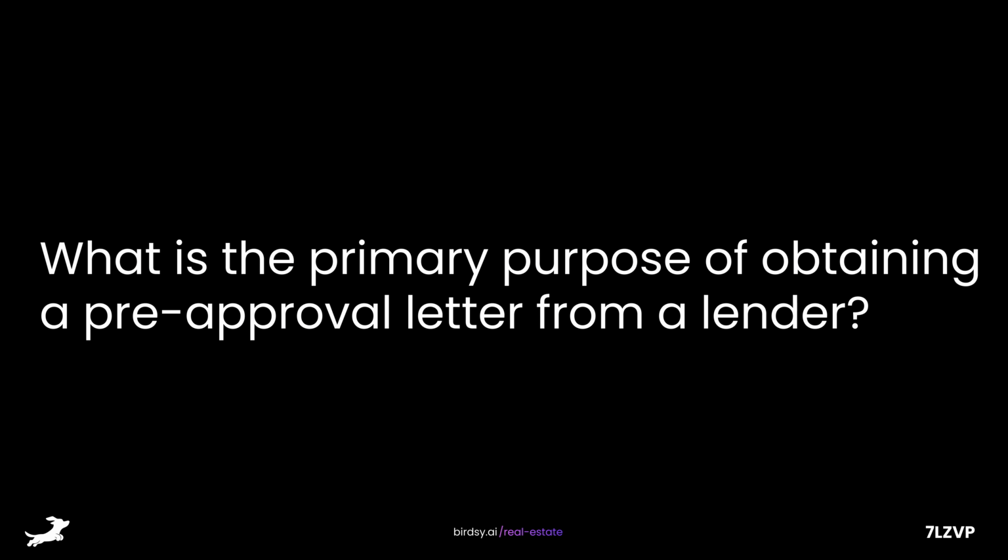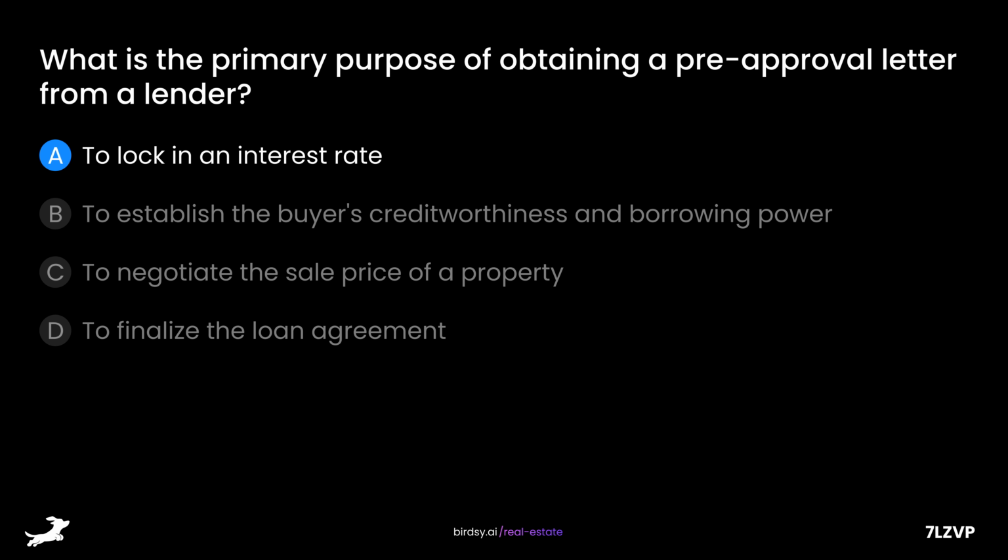What is the primary purpose of obtaining a pre-approval letter from a lender? Is it A, to lock in an interest rate, B, to establish the buyer's creditworthiness and borrowing power, C, to negotiate the sale price of a property, or D, to finalize the loan agreement?